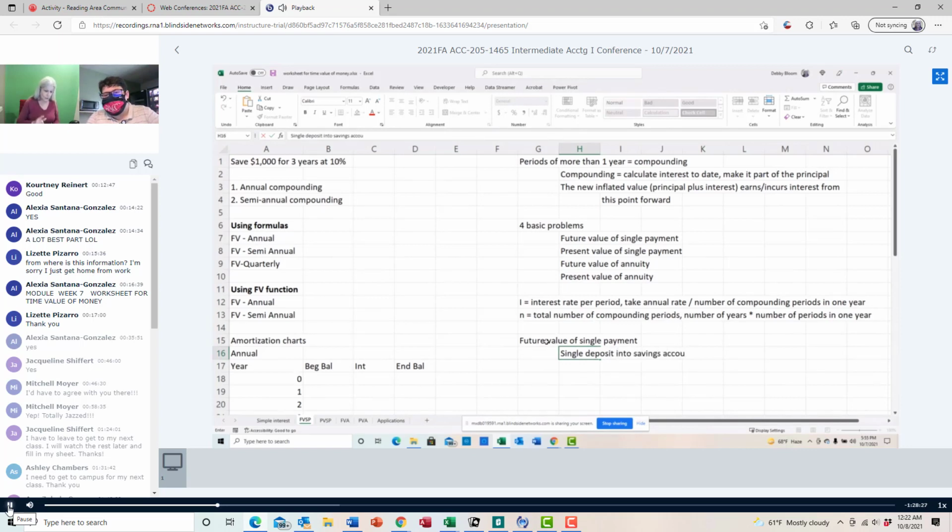You make no further deposits or withdrawals, and you want to know what the maturity value is, what you're going to have at the end of the deposit period.